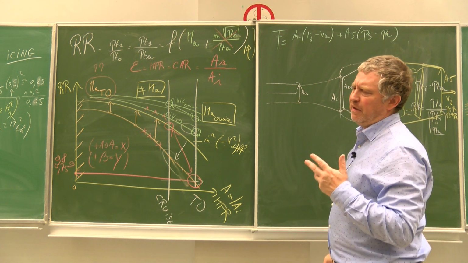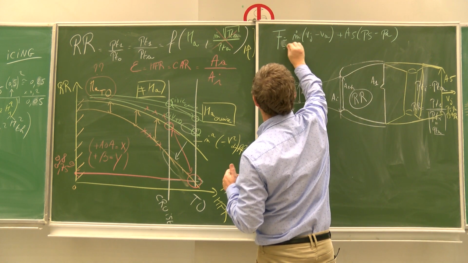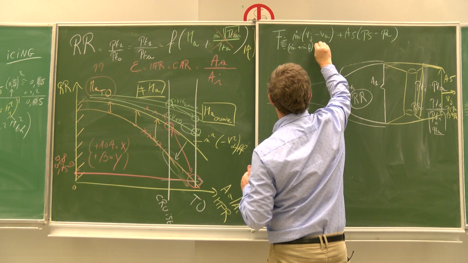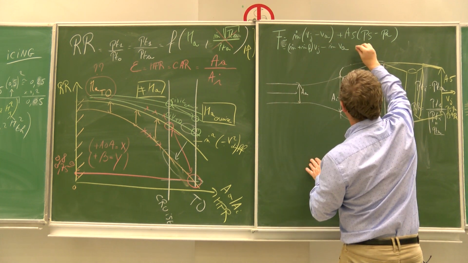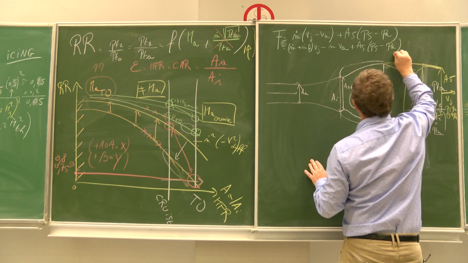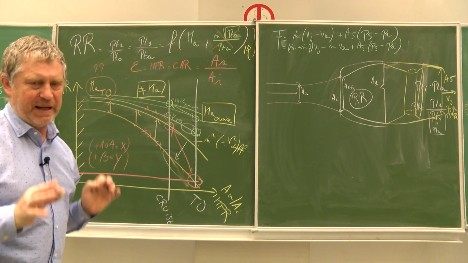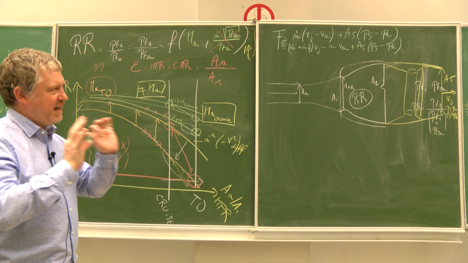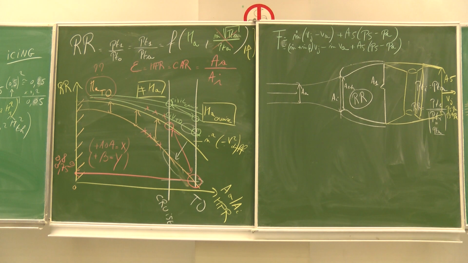It was the result of some approximation, because the first equation that I gave you was m dot plus m dot F multiplied by V jet, minus m dot multiplied by VA, plus A5 multiplied by P5 minus PA. An equation that I have not yet demonstrated, but I will demonstrate it tomorrow. But I am explaining what the problem is due to this equation.